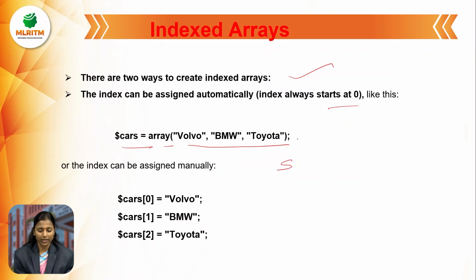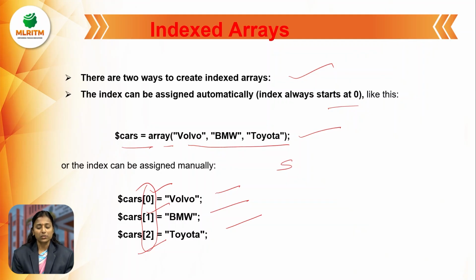In this format, one can be defined, or else it is assigned manually. In this format, $cars[0] = Volvo, [1] = BMW, [2] = Toyota. In this format, this 0, 1, 2 will be called indexed arrays.